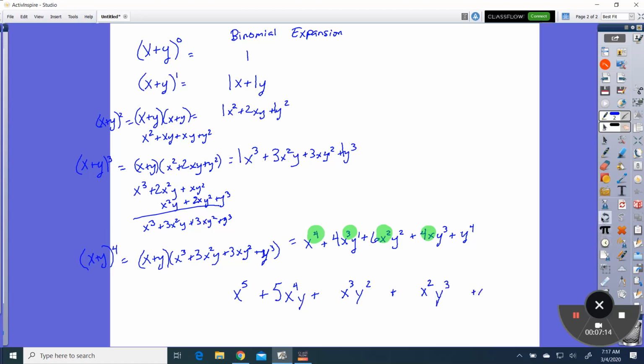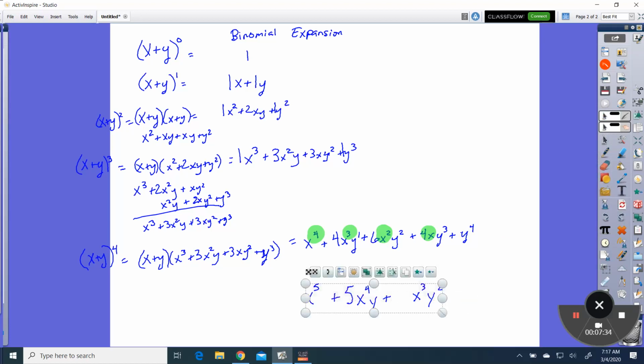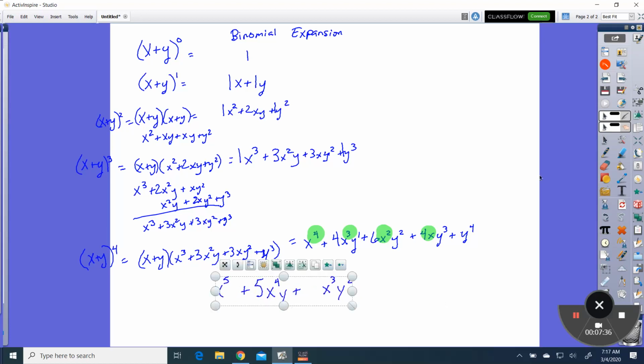My computer's being slow. So the power on the x's has gone down.